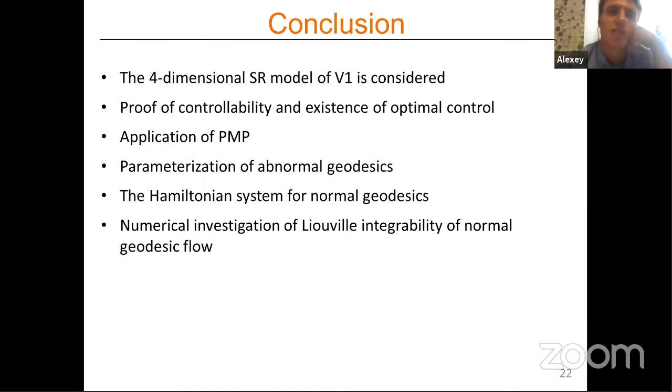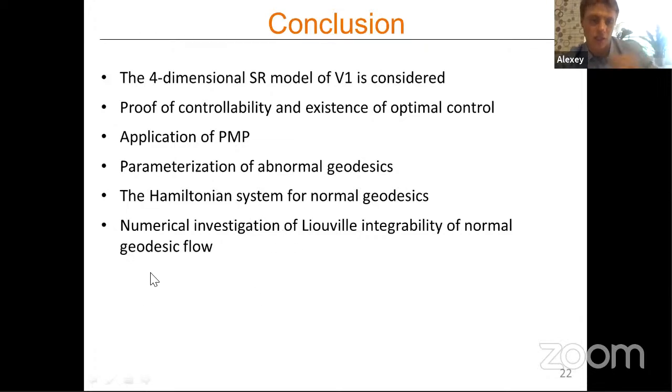Summing up, we considered the 4-dimensional sub-Riemannian model of the primary visual cortex. We proved the controllability of the control system and the existence of optimal controls. We applied the Pontryagin maximum principle, a necessary optimality condition, found the explicit parameterization of abnormal geodesics, derived the Hamiltonian system for normal geodesics, and numerically investigated Liouville integrability of the normal geodesic flow.